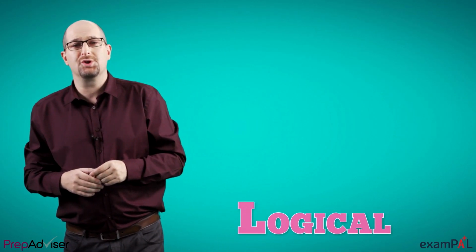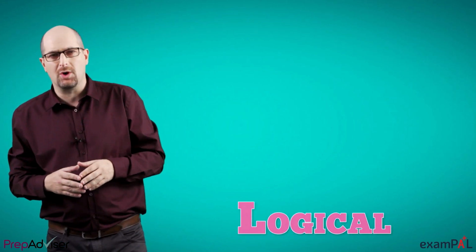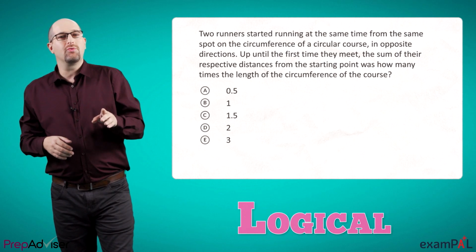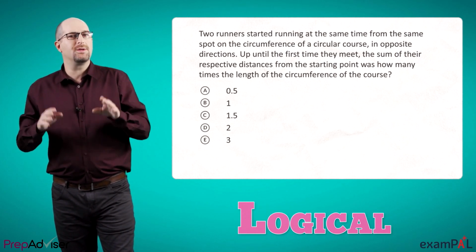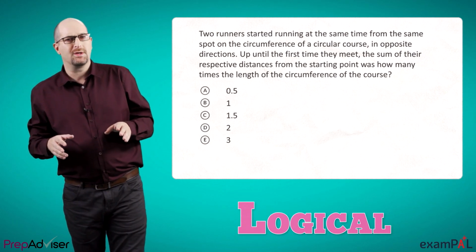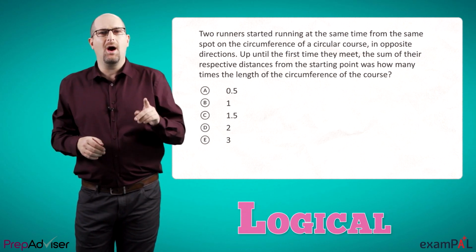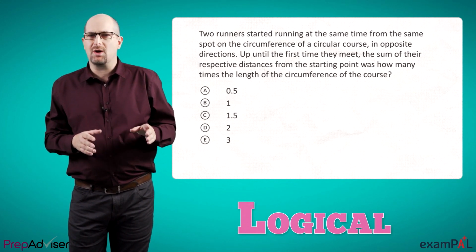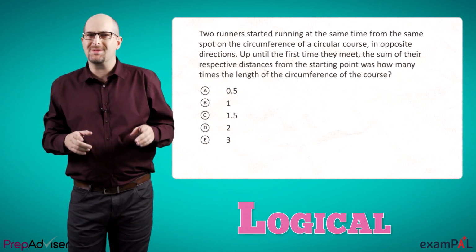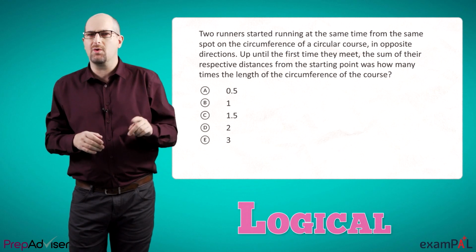Another option we have when there are no numbers available is taking the logical approach and not using any numbers at all. For example, 2 runners started running at the same time from the same spot on the circumference of a regular course, in opposite directions. Up until the time they meet, the sum of their respective distances from the starting point was how many times the length of the circumference of the course?